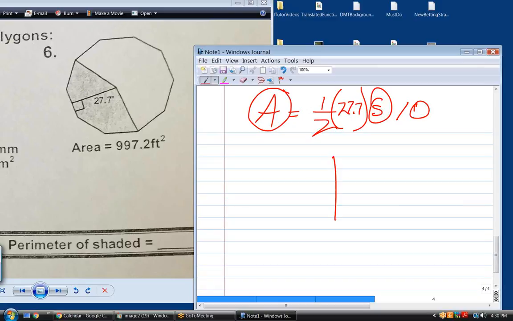The triangle is going to look like that. This is the apothem, 27.7. The thing we don't know that we need to know is this angle, angle A, or alpha. If we knew that angle, then we could use trig to figure out x, which is half the side length.